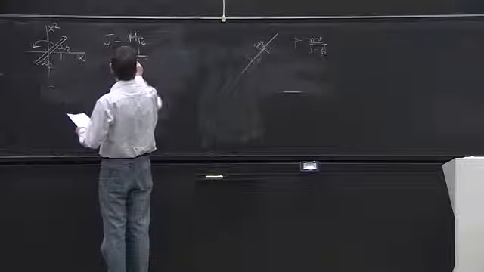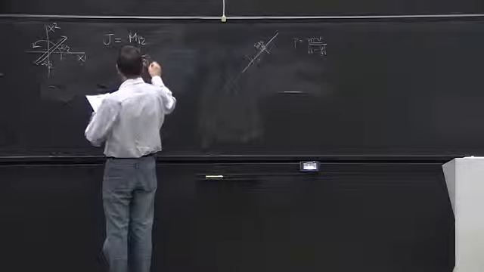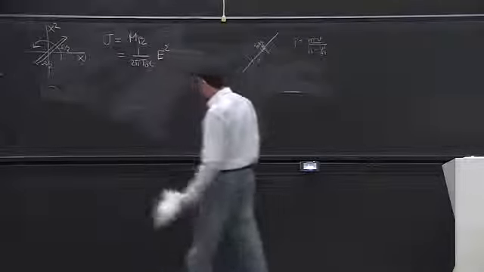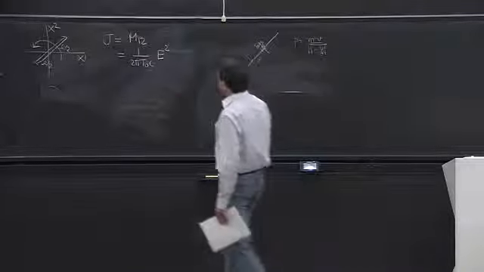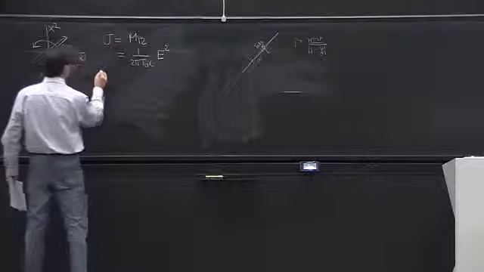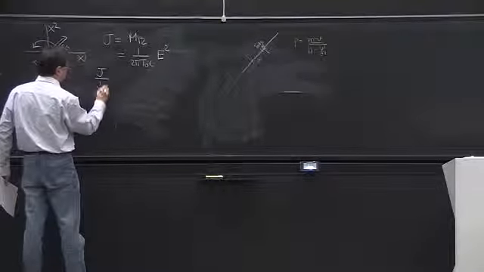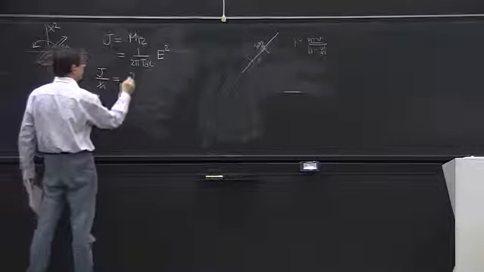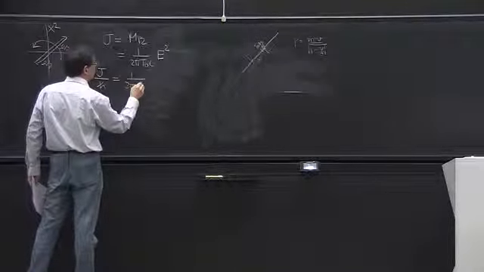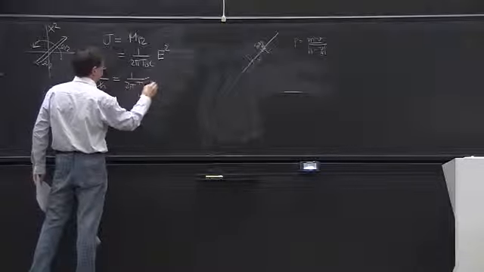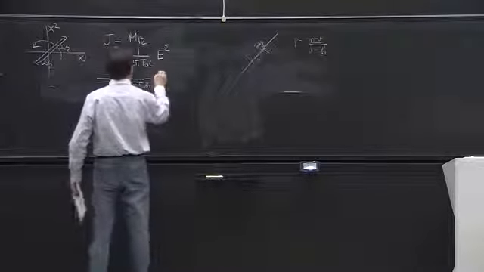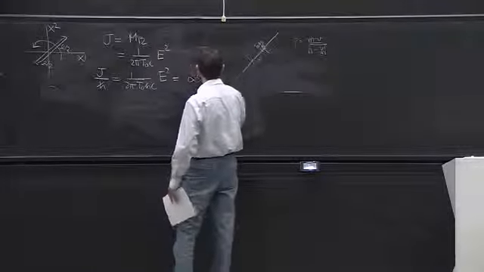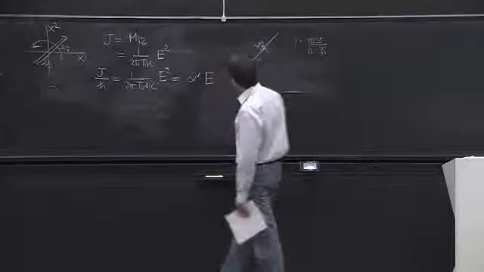This gives you 1 over 2π T0 c times the energy squared. And in order to have nice units, people divide this by ħ, because J has units of angular momentum, and it's 1 over 2π T0 ħ c times E squared, and this is the famous constant α' of string theory.